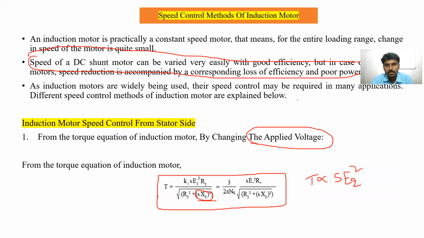Okay, so we have a formula, the EMF equation of the induction motor, which is 4.44 into f into flux into T into N dash, where N dash is nothing but the winding factor.